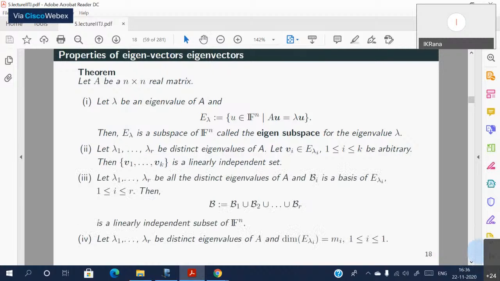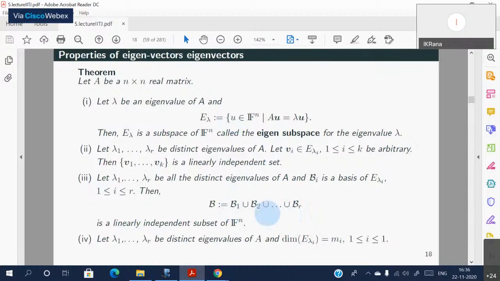And finally, for each eigenvalue, if lambda 1, lambda 2 are distinct eigenvalues of A, for each eigen subspace E lambda i we can form a basis of that eigen subspace and put them together into a box. That gives you a set of linearly independent eigenvectors. B1 is a basis for the eigen subspace E lambda 1, B2 for E lambda 2, and B3 for E lambda 3.